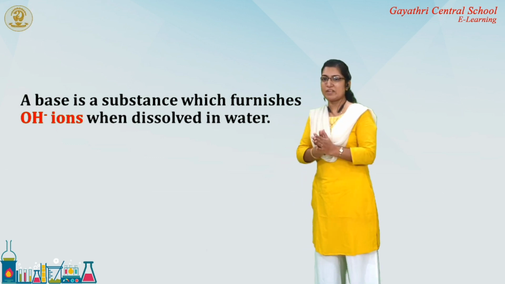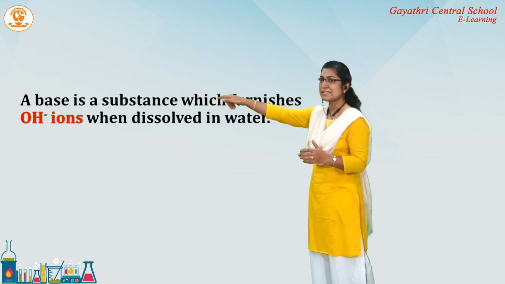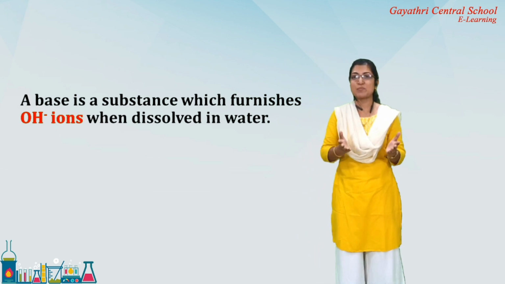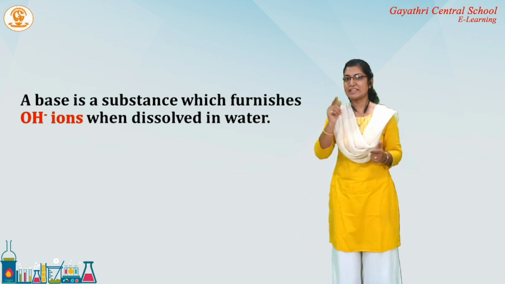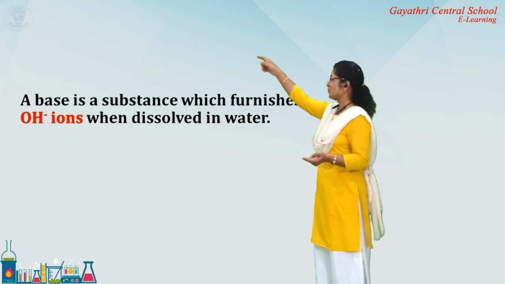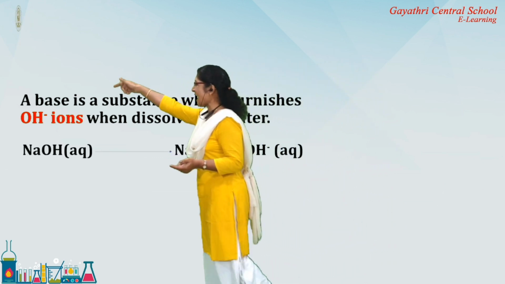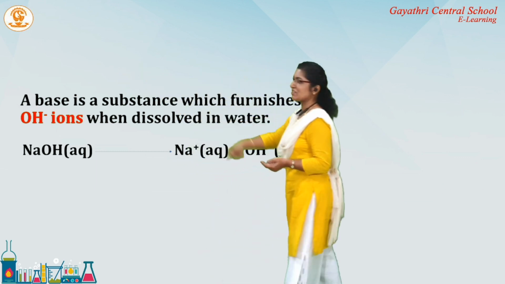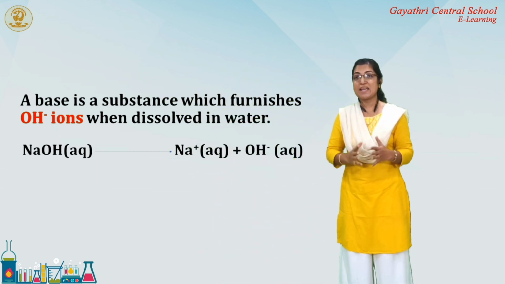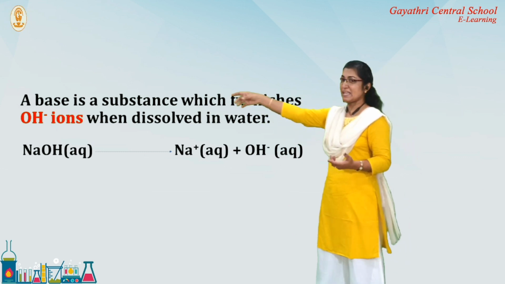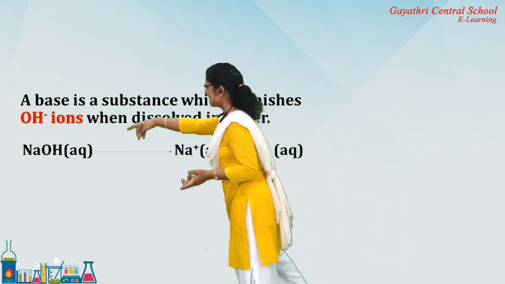Now next, what do bases do when you dissolve them in water? When bases are dissolved in water, they also break down into their corresponding ions. Which ions are formed? Hydroxide, OH minus ions. Let us take one example: sodium hydroxide.